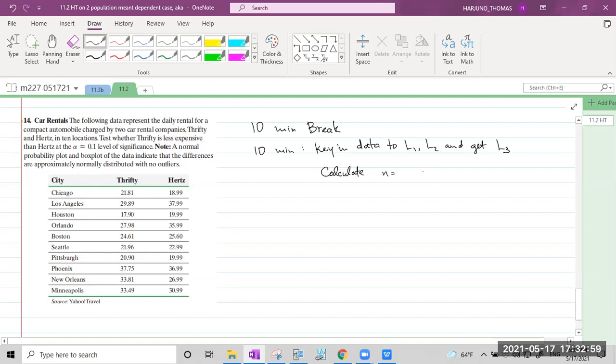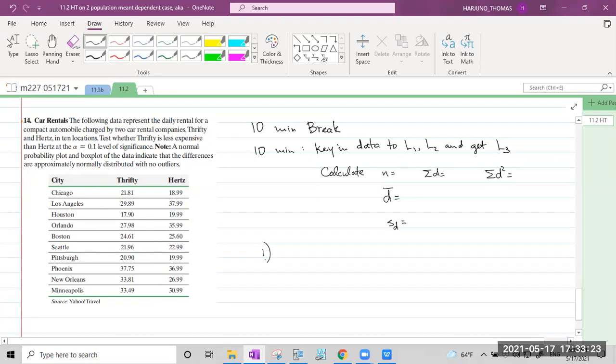Calculate N, the sum of D, the sum of D squared, the D bar, and the standard deviation of the differences. Write these down. Then after that, we will do the hypothesis testing together.